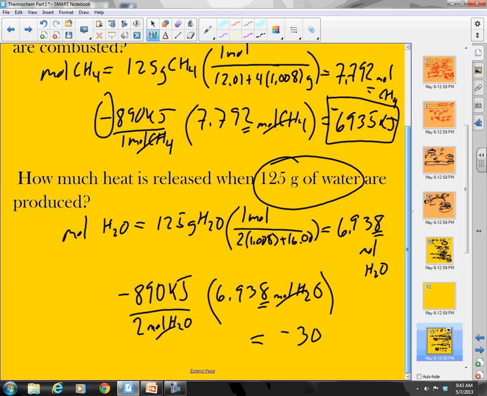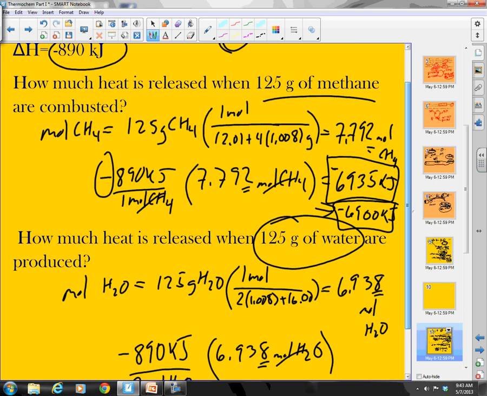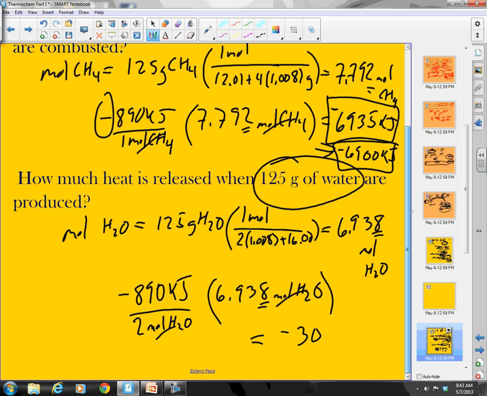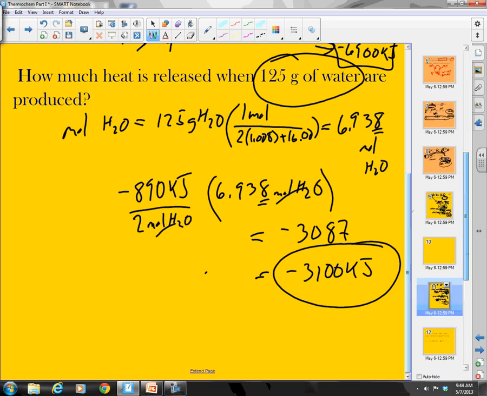I only get 2 sig figs. So when I round that to my proper number of sig figs, it's a negative 3100 kilojoules are released. Great. Wonderful.